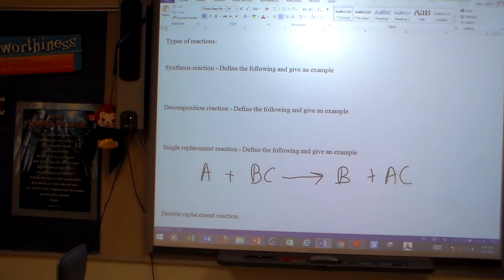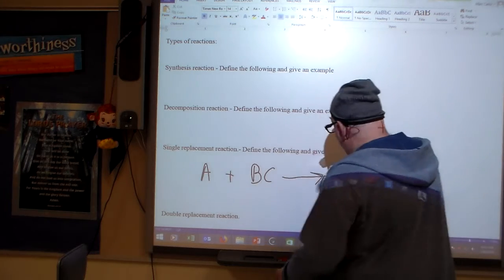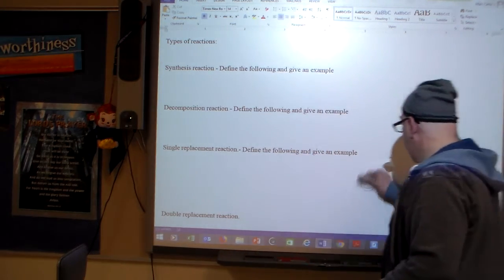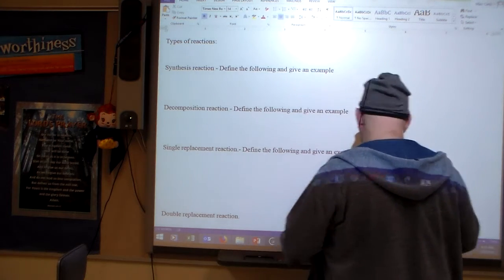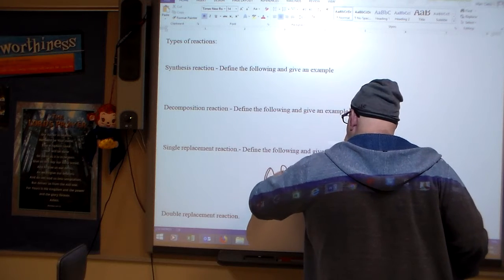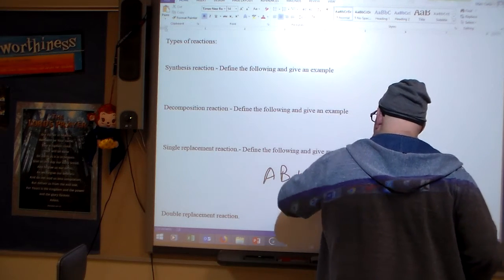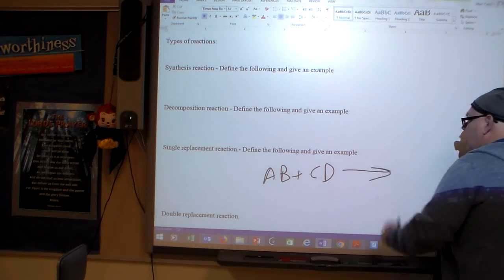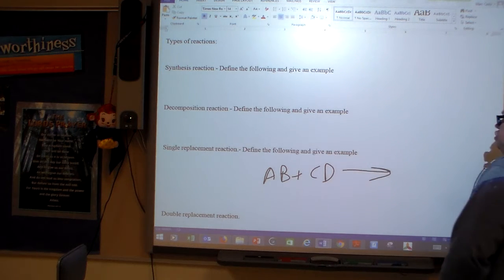Okay? Now, double. When you look at double, it's a bit different because now you have, and I can't work with that. So, okay, so AB plus CD. So now we have 2 compounds coming in. And what happens is they do the switcheroo.